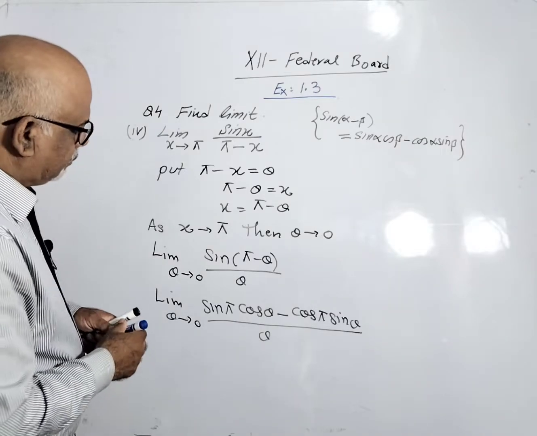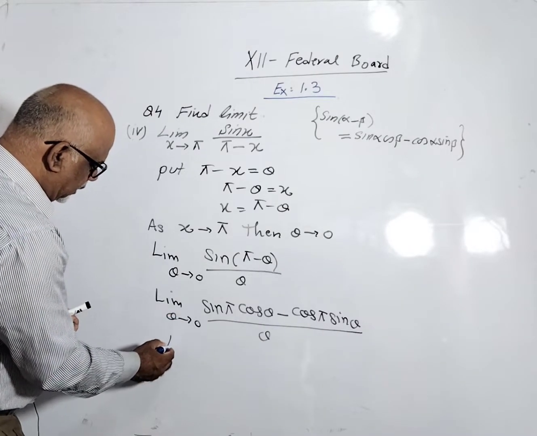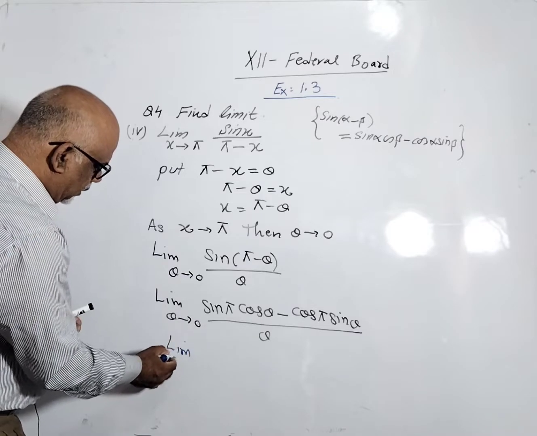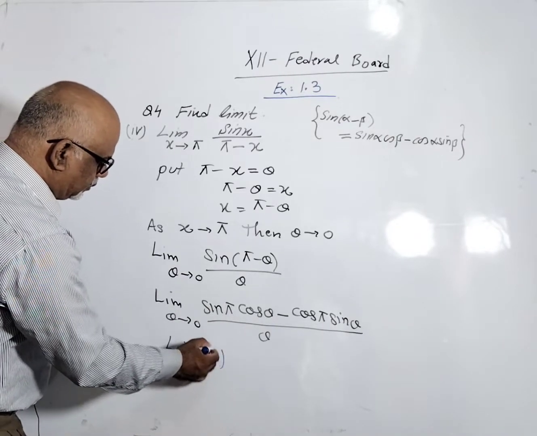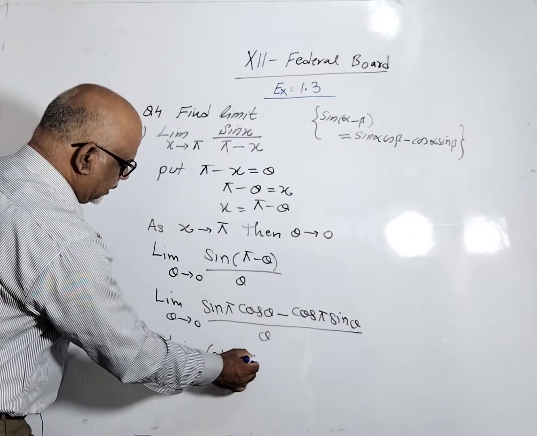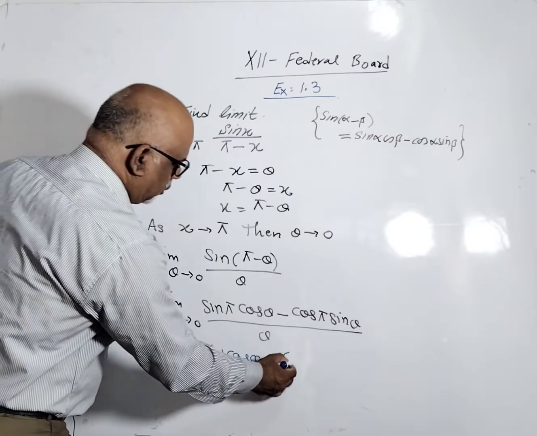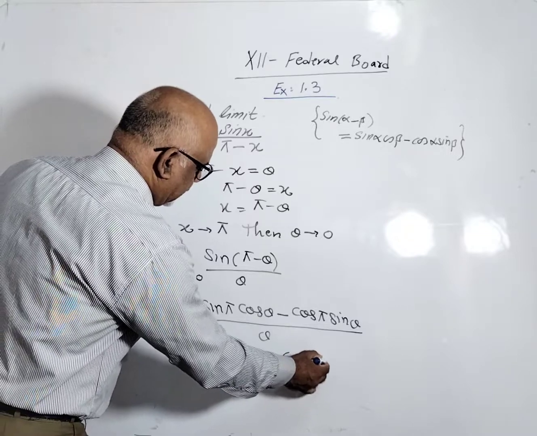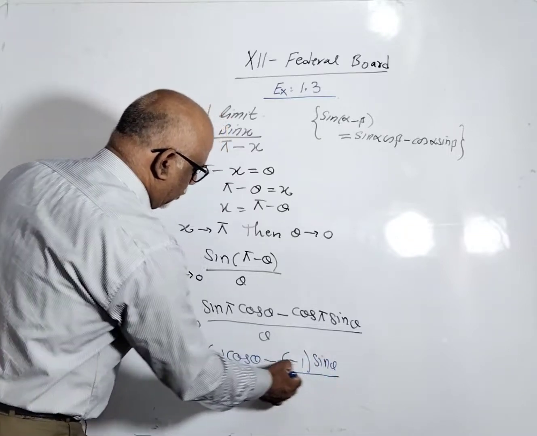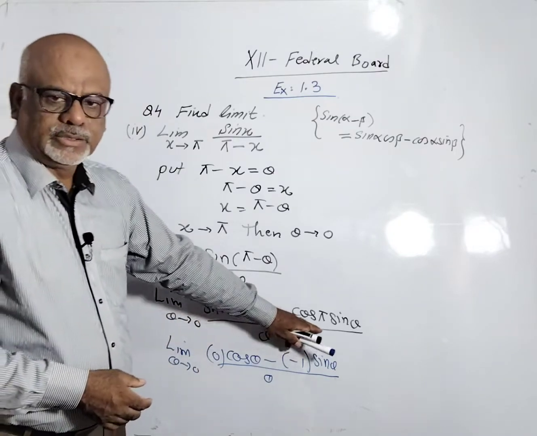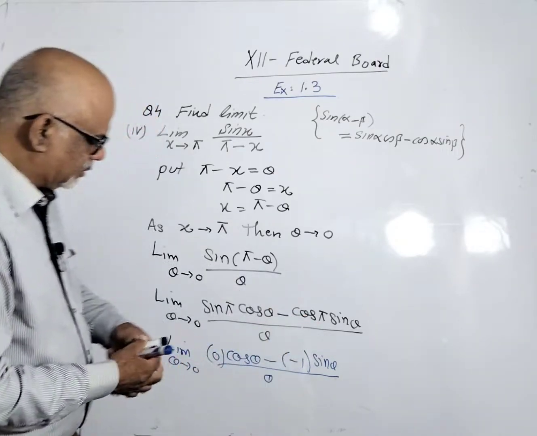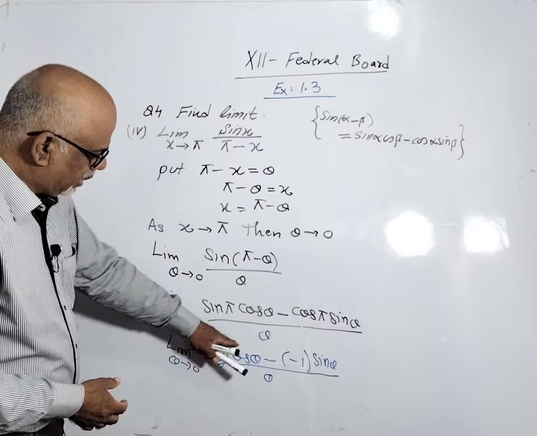So here limit theta tends to 0, sin pi is 0, cos pi is minus 1, so we get sin theta over theta. Pi means 180, so cos 180 equals minus 1, and the first factor becomes 0.